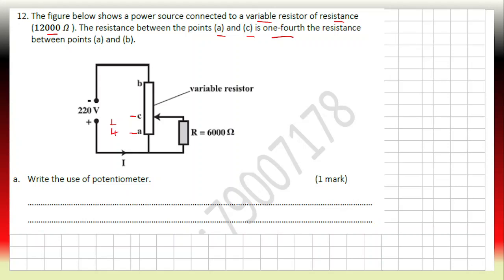What is the use of a potentiometer? Like in this case, what will we get from it? It is to provide a variable potential difference in a circuit, or to vary the potential difference in a circuit.